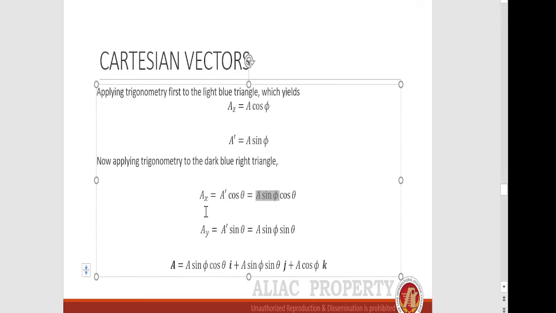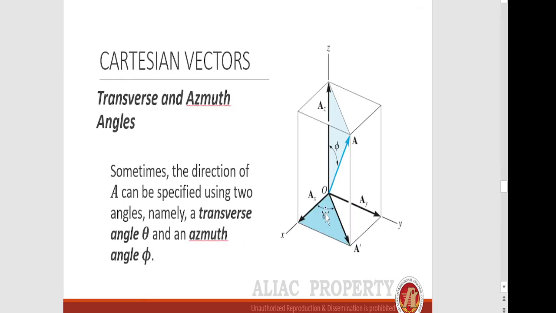Then similarly AY, in the same dark blue triangle. AY is the perpendicular, so sin theta is equals to perpendicular over hypotenuse. Perpendicular is AY, hypotenuse is A dash.